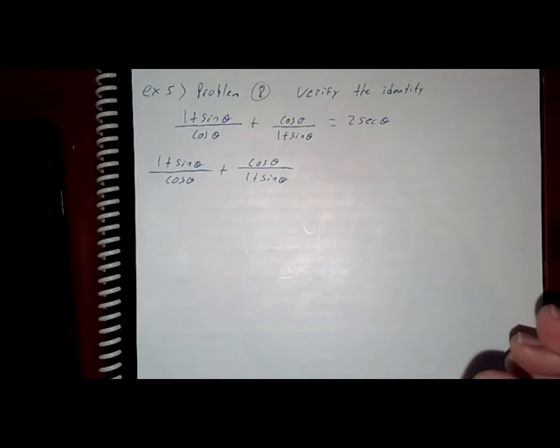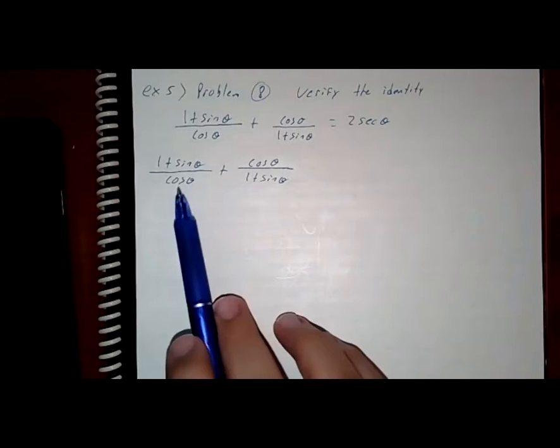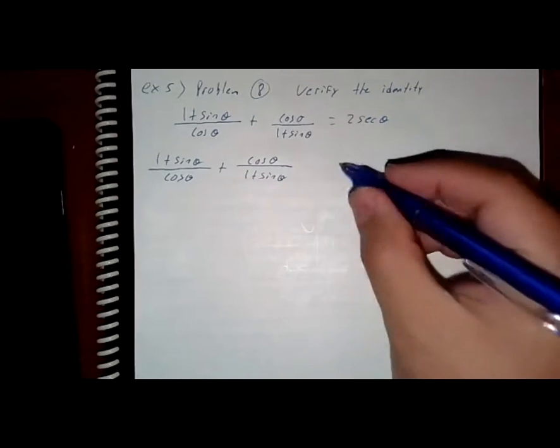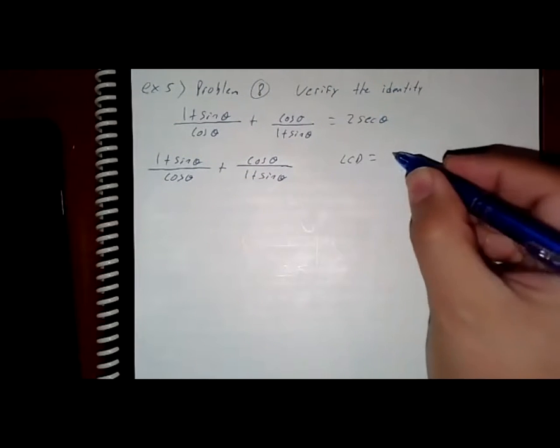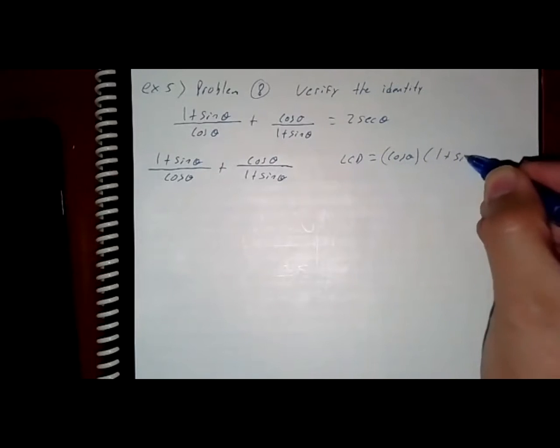That's all you got to do. Since 1 plus sine is prime and cosine is prime, the LCD is cosine theta times 1 plus sine theta.